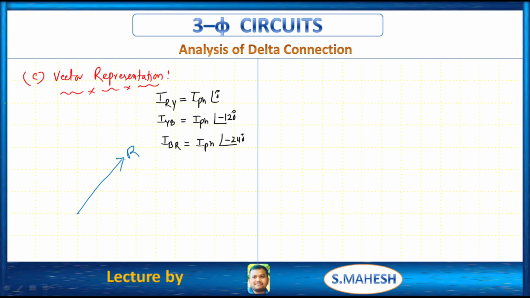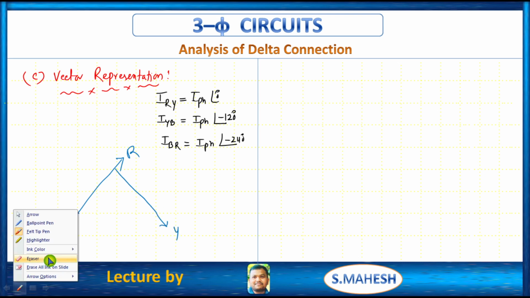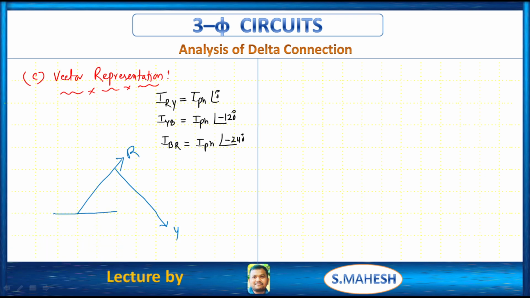Let us say this is R. This is Y. This is B. See, the phase sequence is what?